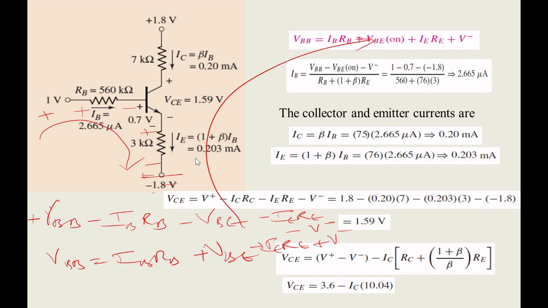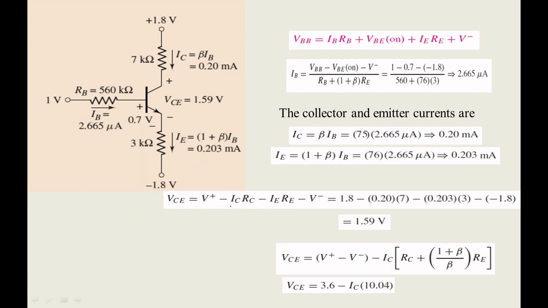Any doubt, you can put in the comment box or you can discuss in class. From this formula, they have taken IB, I will explain. Here they have done one substitution. Very simple. We know that IE is nothing but IB plus IC.